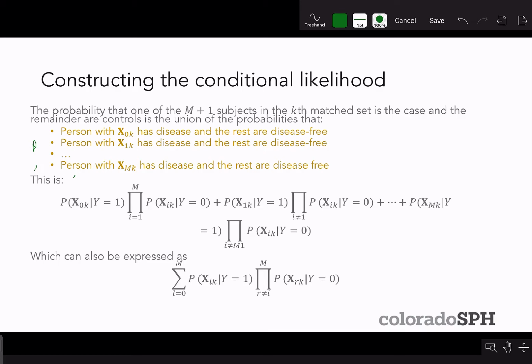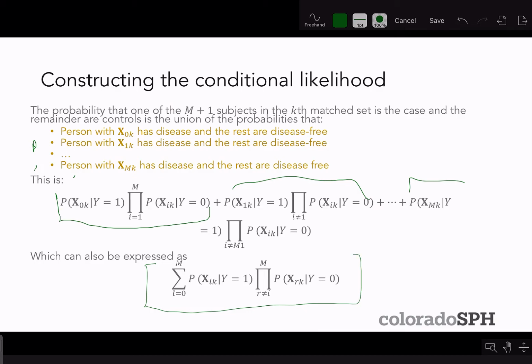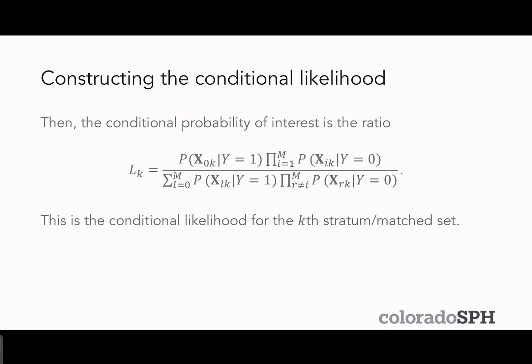And this is given by the probability that the person with covariate set x_0k has disease and everyone else is disease-free, and then you add up all of the rest of those probabilities for each other subject in that stratum. You can express that more succinctly as the sum of each of those probabilities over all of those different potential individuals.